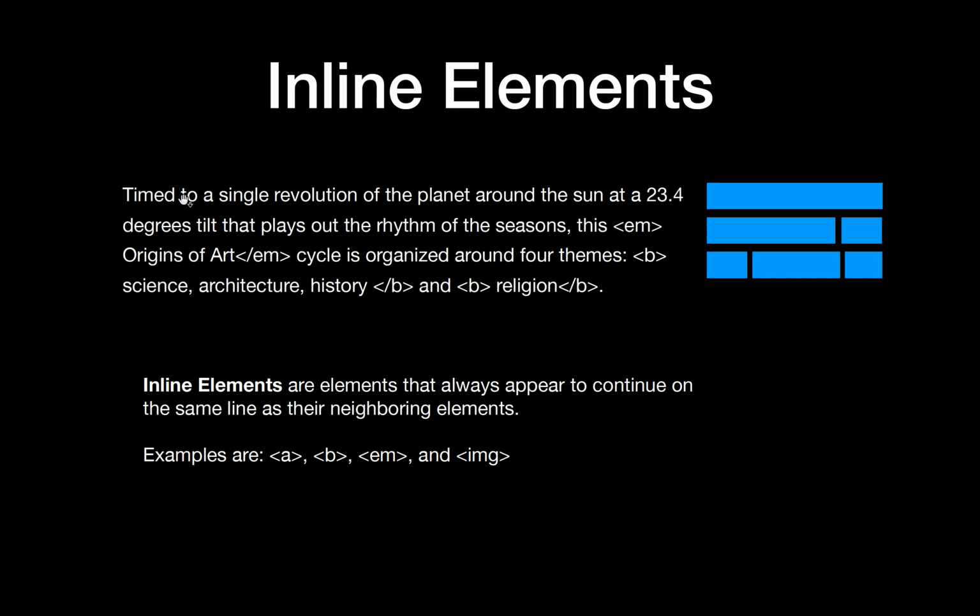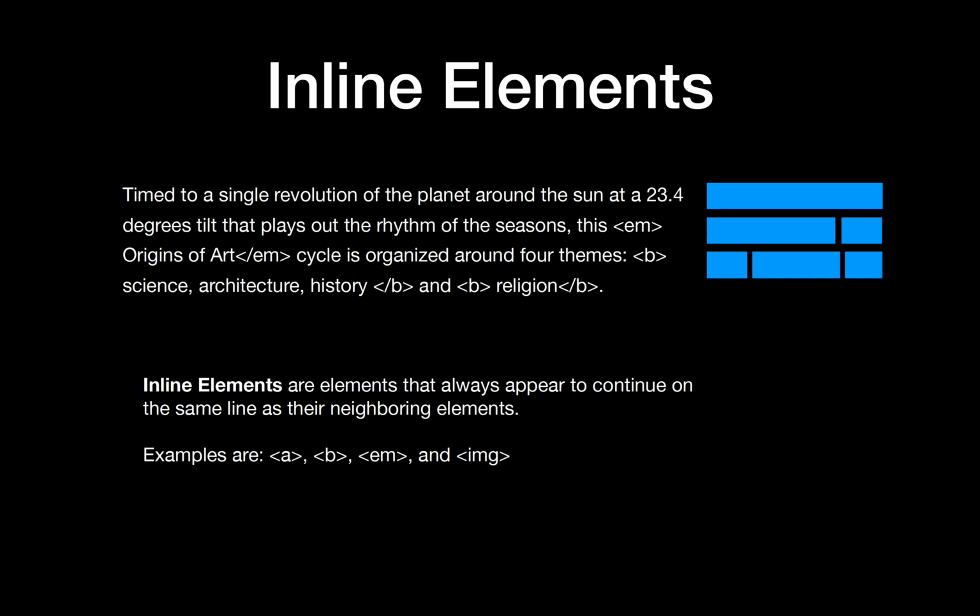Don't think about what the words say, just look at where the tags are. We have an em here, an em here, so that means that we're putting emphasis on something. And then we're going to bold this line, and then we're going to bold, right? So inline elements are things like bold, emphasis, and image elements, to name a few.